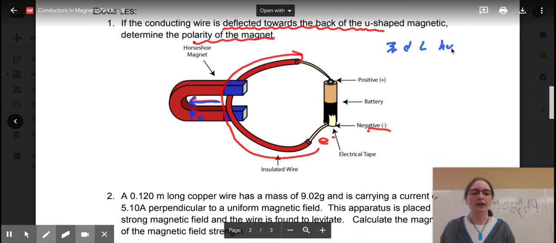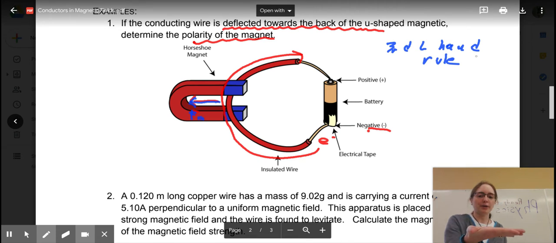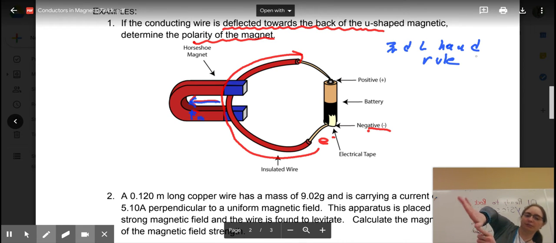Third left-hand rule: you're going to take your left hand and point your thumb in the direction of the electrons, which is going that way. Now the force is going to be going towards the back of the magnet.